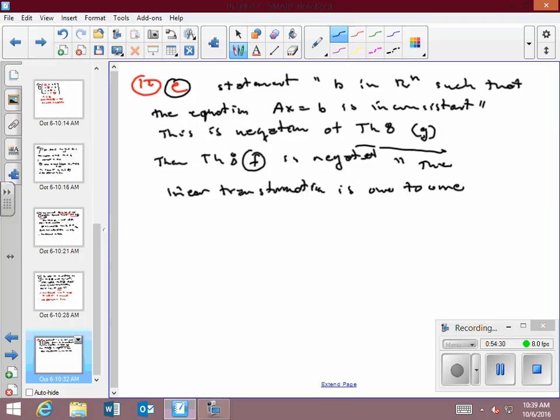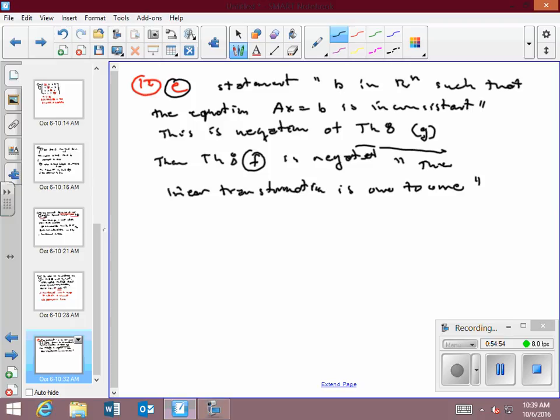So the negation of that statement is true because G is negated, then F has to be negated.